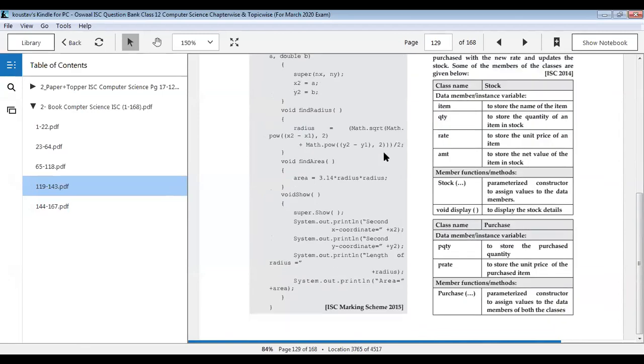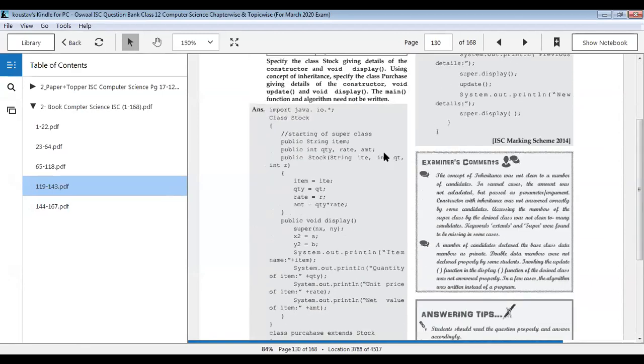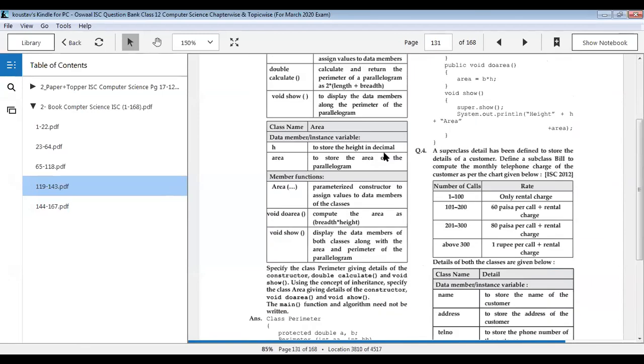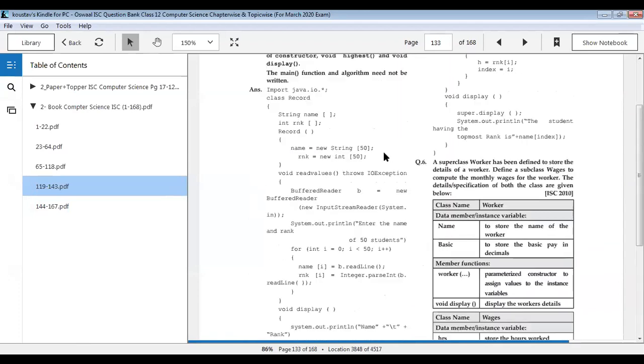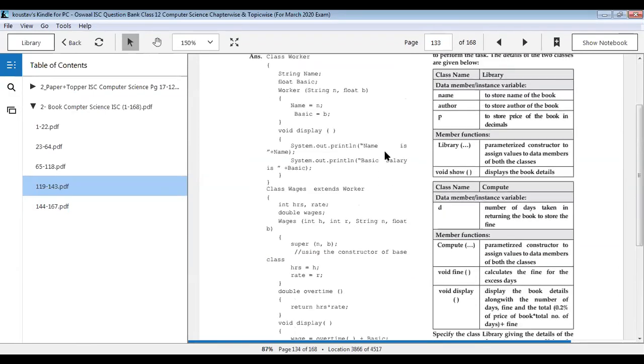See, all these things are programs of your stack and queues. Every year it comes. And this chapter is correlated with the class topic, which we are going to start in our next class.